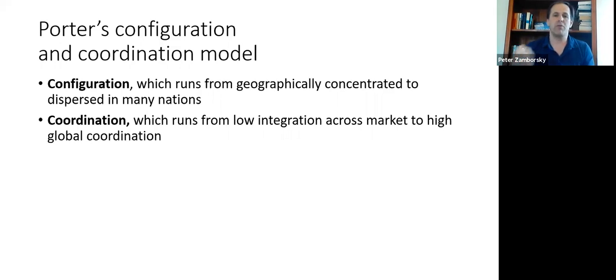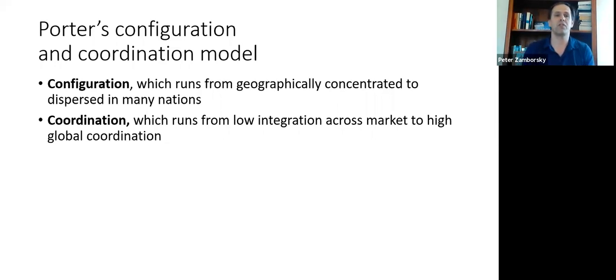That could be broken down to, say, sourcing or production or sales or R&D. Some companies are very concentrated, manufacturing just in China. Some companies are very concentrated in R&D, such as Apple, mostly in the US. Other companies are much more diversified.